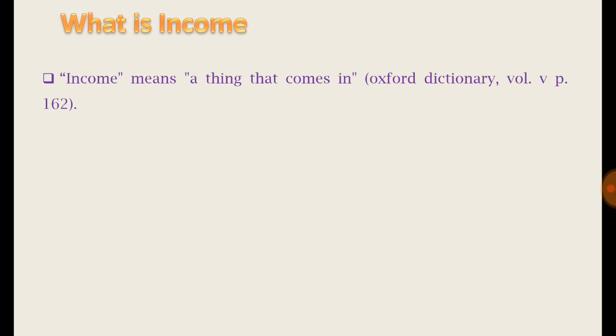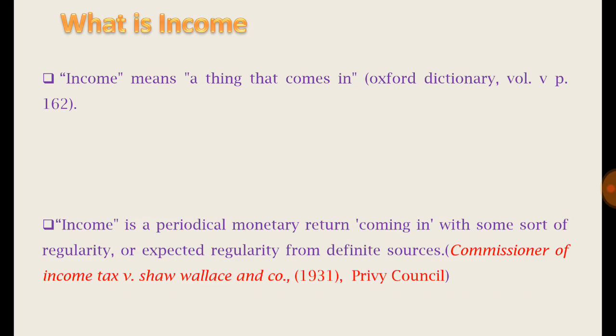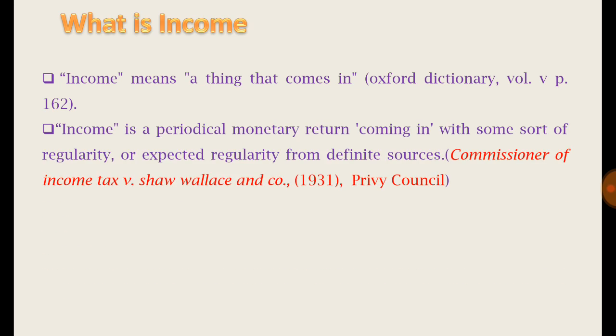Afterwards we are going to discuss whether it is taxable or not taxable, but here we must see the definition. Regarding that, in Commissioner of Income Tax versus Shaw Wallace and Company, the Privy Council observed what is the definition of income, or what can be called his income.